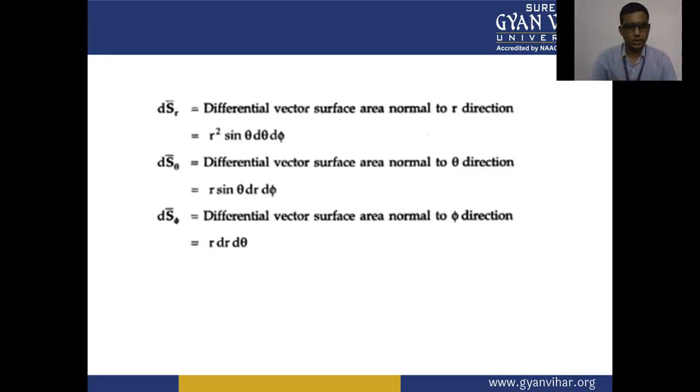So these are the three different formulas in the directions of r, theta, and phi for a differential vector surface area. Through these formulas, we are able to find the surface area in the direction of r, theta, phi in the spherical coordinate system.